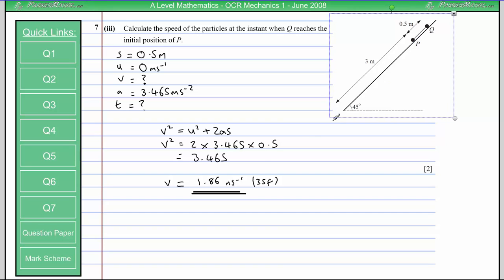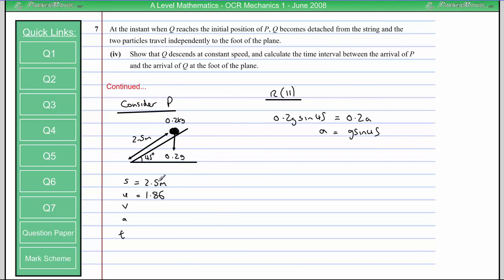So at this specific point was the last time that both particles will be travelling at the same speed. So our initial velocity is 1.86 meters per second. We're not interested in our final velocity. Our acceleration is g sine 45 meters per second squared, and the time is what we're trying to find.